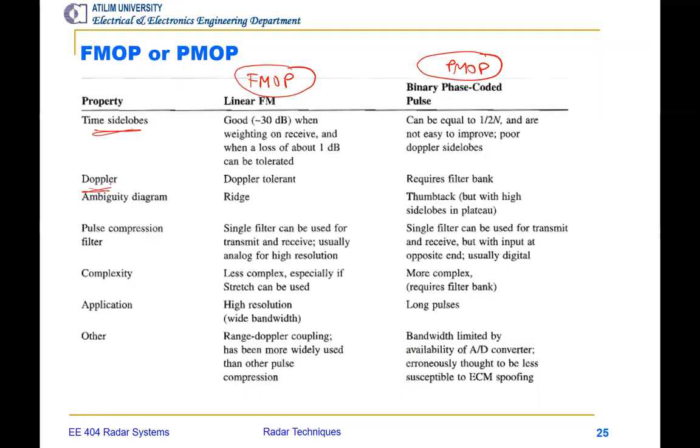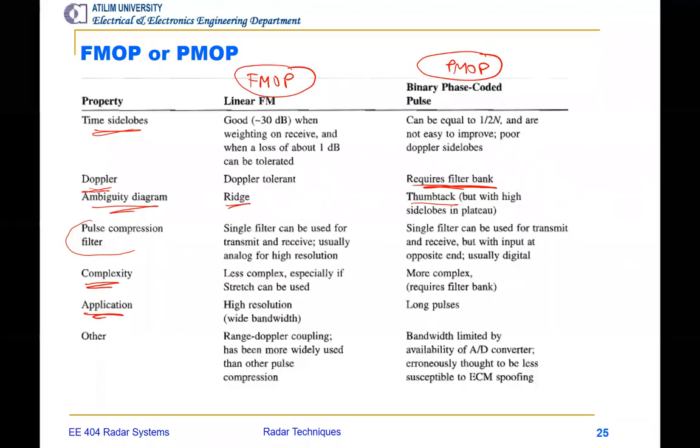Doppler: for phase modulation on pulse there needs to be a filter bank, and the ambiguity function is rich. Then the properties of the pulse compression filter, and complexity. You see, PMOP is more complex than FMOP.